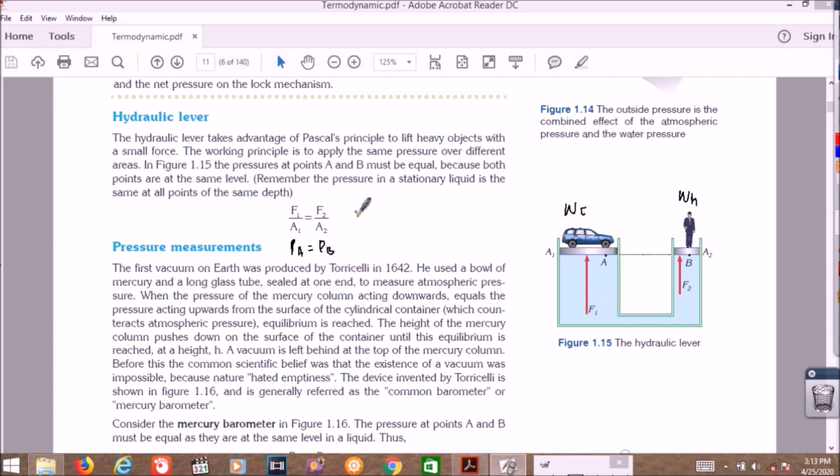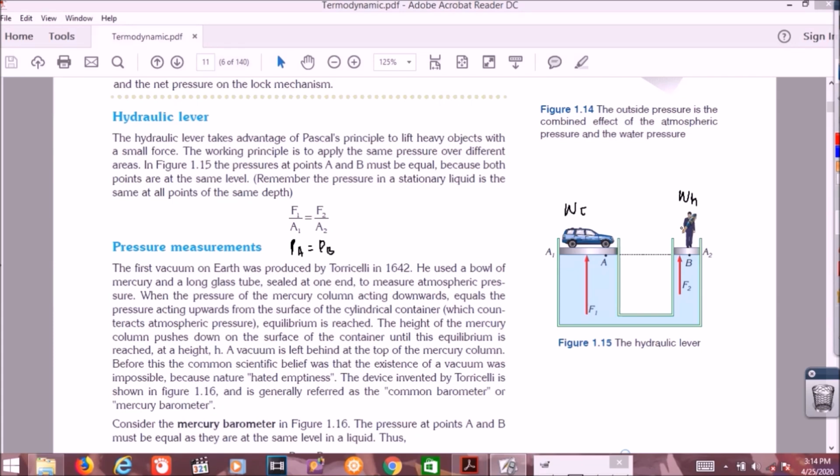So we can lift a heavy object using a light object, and you can find this phenomenon at a car wash. At a car wash, if you have ever seen, there is a very big cylinder to raise the car, and the person there lifts the car only by using an open faucet.